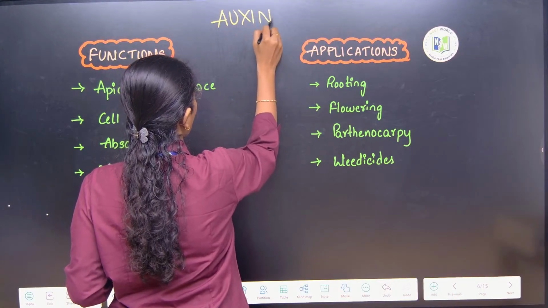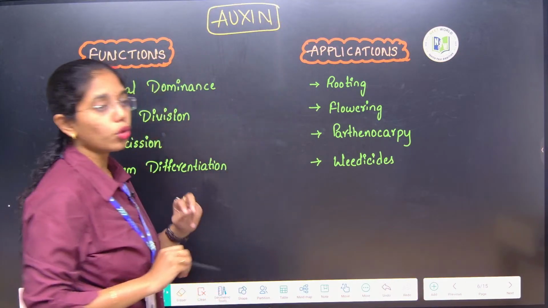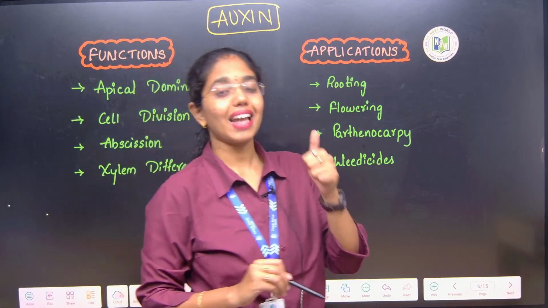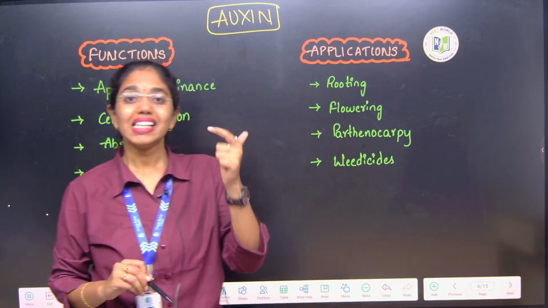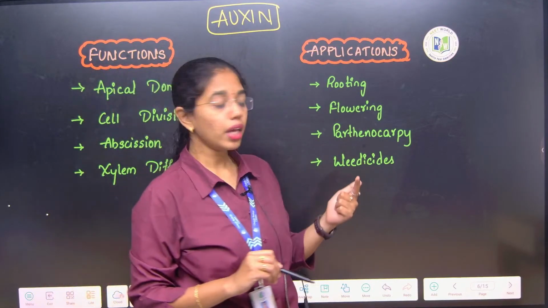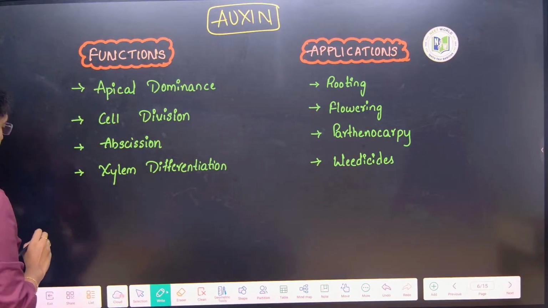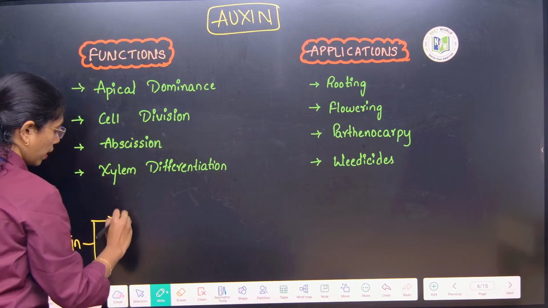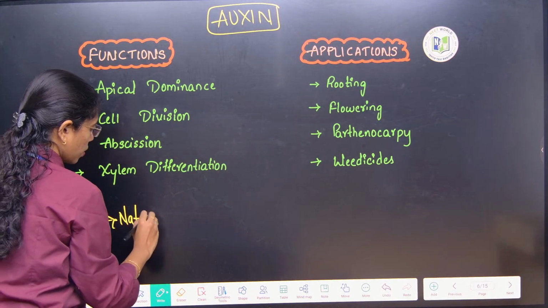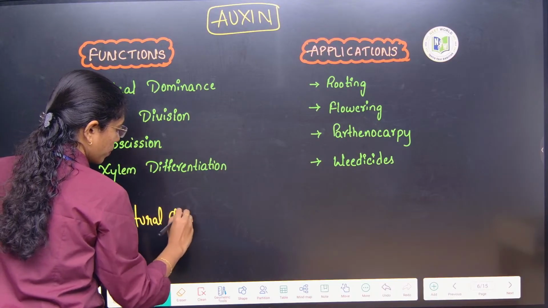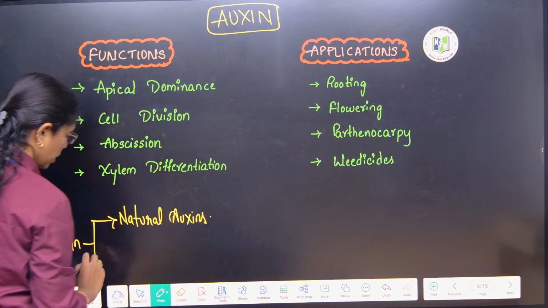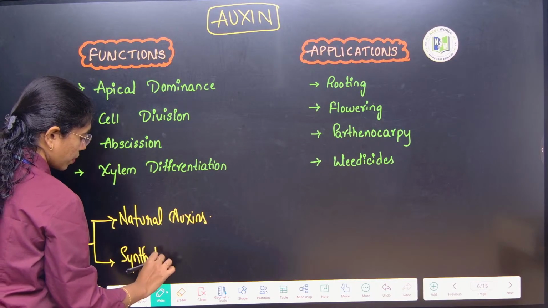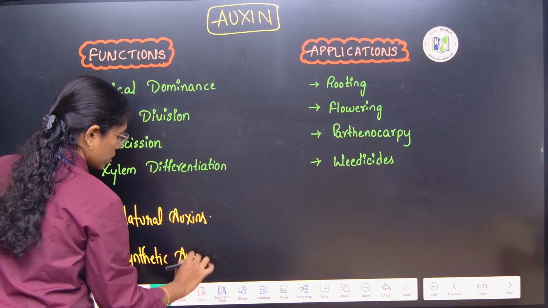Before learning about auxin's physiological functions, you have to know about two things. We have two types of auxins. One are naturally secreted from the plant body, second are synthetically made. So, auxins are of two types: one is natural auxins, second synthetic auxins.